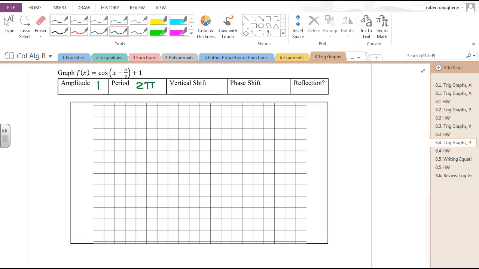Okay. Vertical shift. Yeah. Of +1. So its vertical shift is up 1. Okay. Phase shift is pi over 2 to what direction? Pi over 2 to the right. Has it been reflected? No.